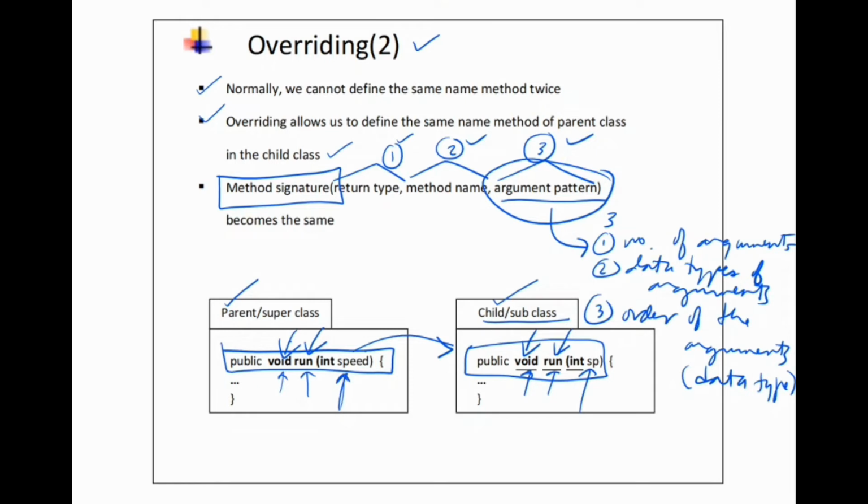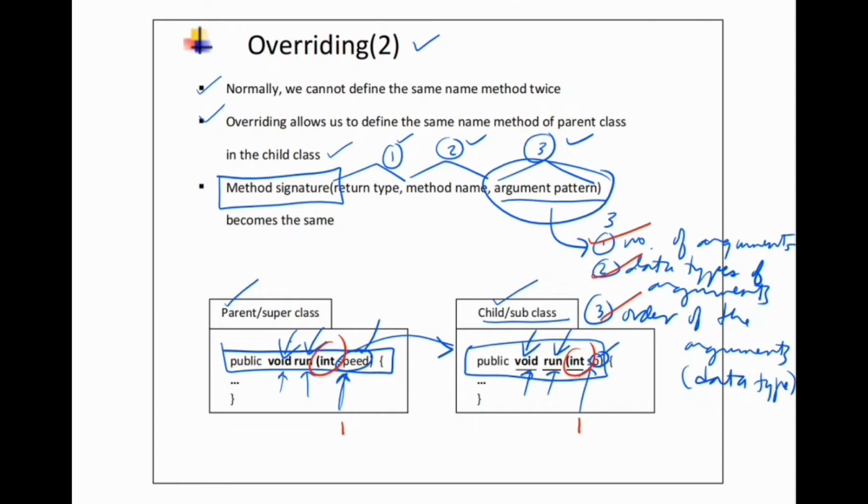So, the parameter or argument name may not be the same. Like in this case, here it is speed and here it is SP. But what is important are these three items. Number of arguments, okay, it's only one argument, one also here. Data types, it is integer, the same. And the order, it's only one, so it's the same.